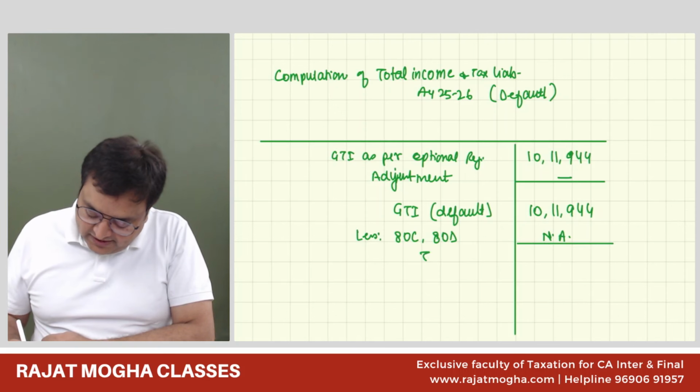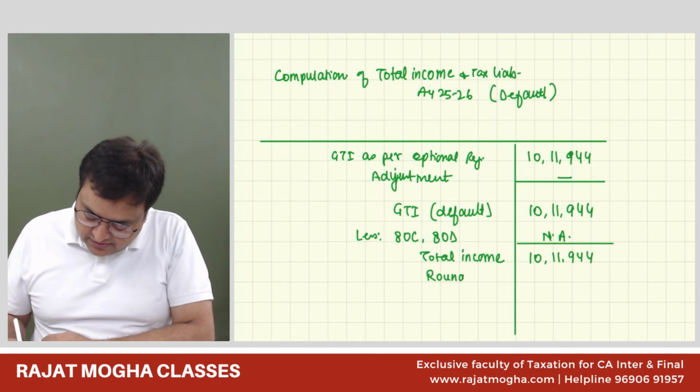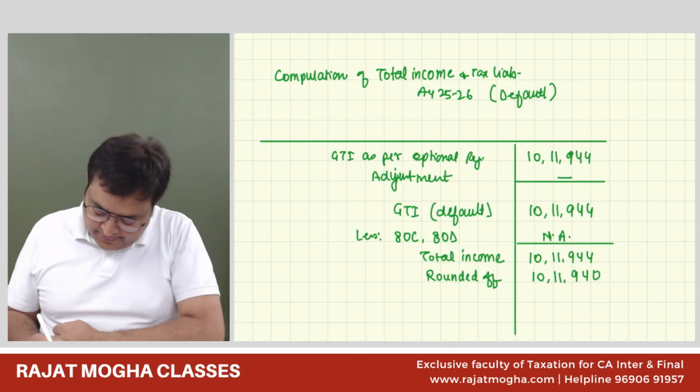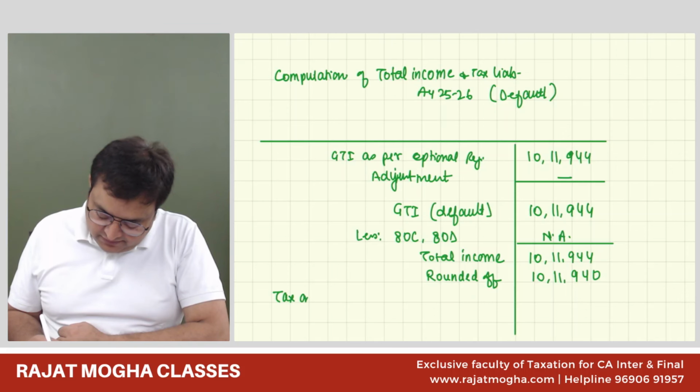So this is my total income, 10,11,944, which you need to round off: 10,11,940. Tax on the above.